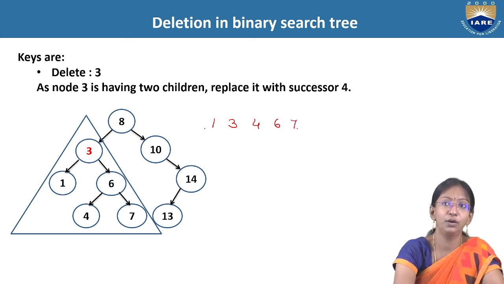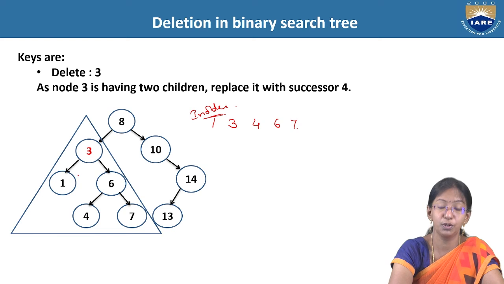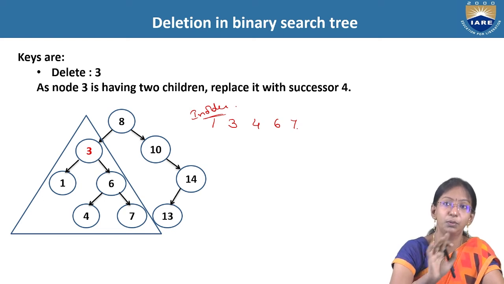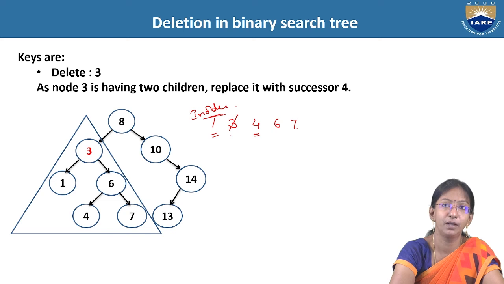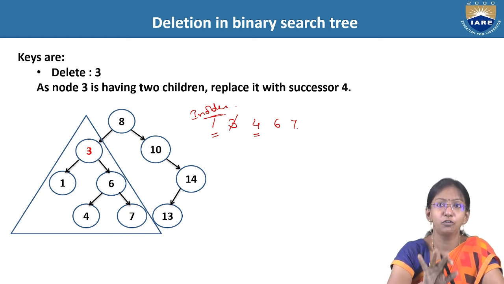Okay, I have written the in order of only the left subtree, which is my point of concentration, because I have to remove 3 and replace it with a suitable element. Right? So when I remove 3, I can either replace it with 1 or 4. Right? So right now I have chosen the successor element 4.